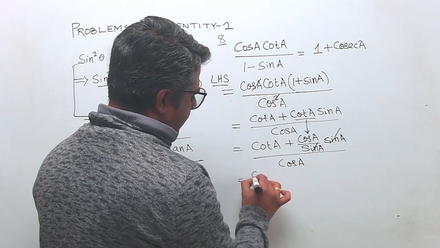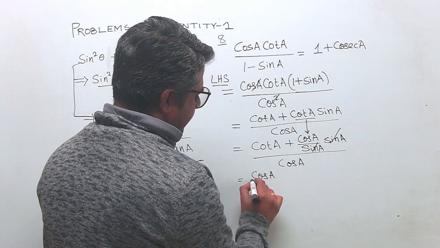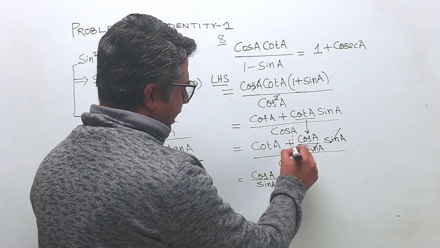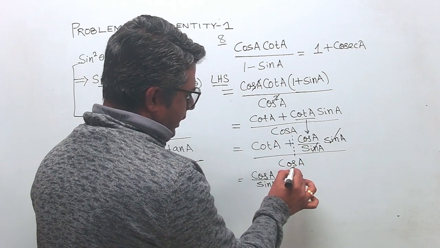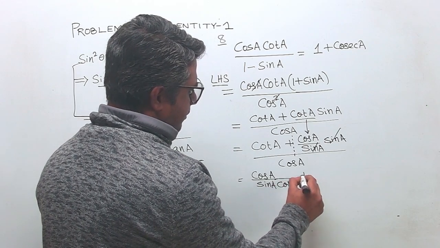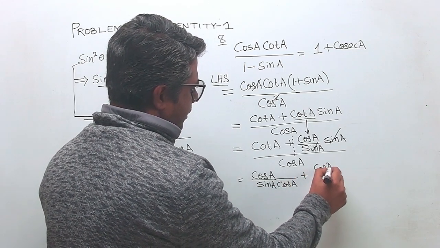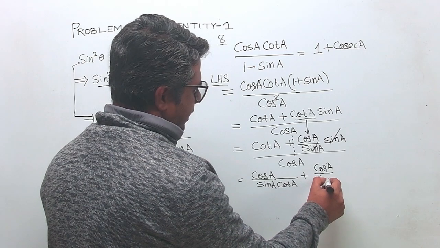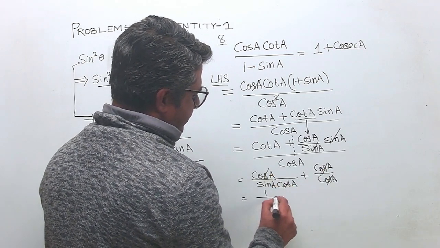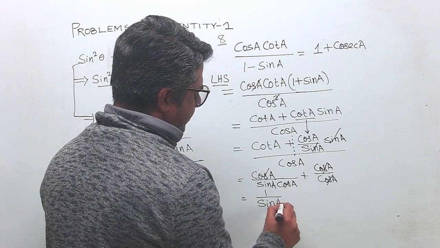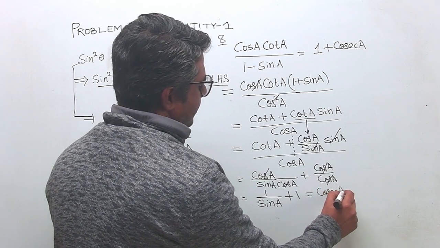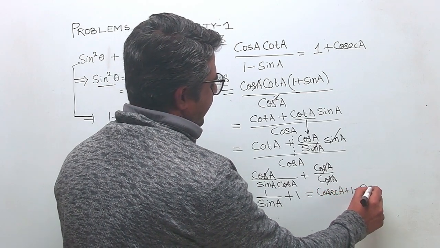So, now this cot A also I am going to convert to cos A by sin A, and I am going to break this out. So, this cos A also will go with this one, plus cos A by cos A, 1 by sin A plus 1, this is going to give me cosec A plus 1, which is equal to RHS.